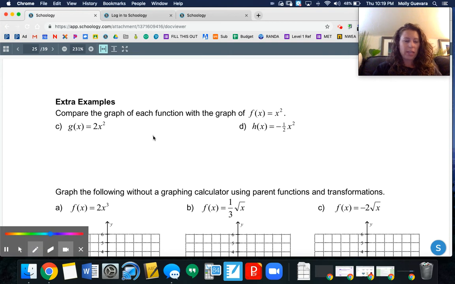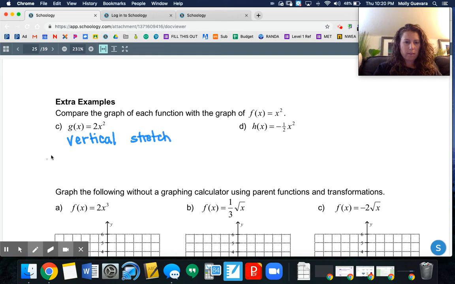Okie dokie. So because my number here in front of x squared is 2, this is a vertical stretch by a factor of 2. And we're going to talk in the next part about what that means, okay?